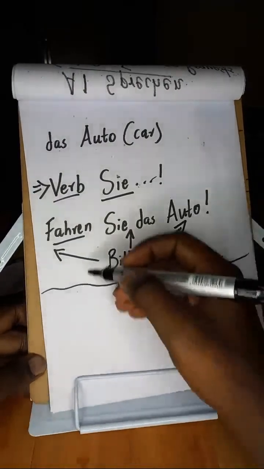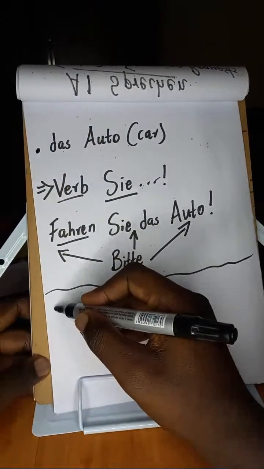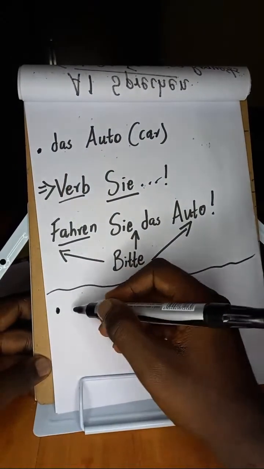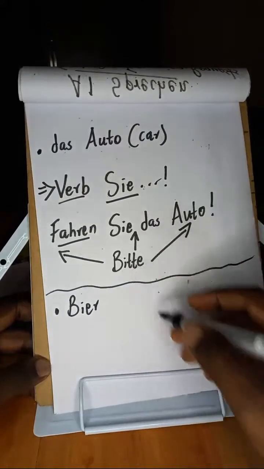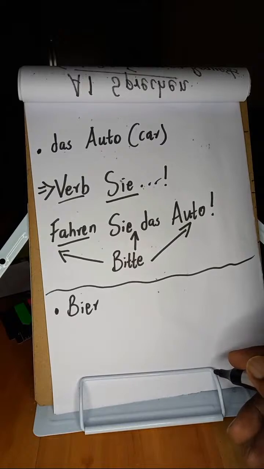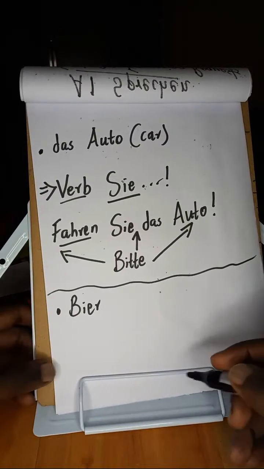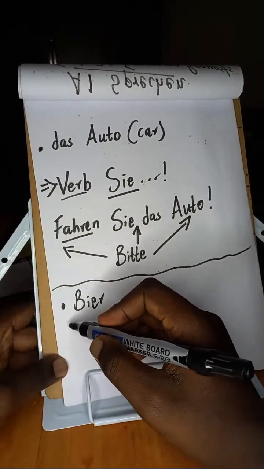You've been given the card. This was the first one. Let's assume in the second one, you've been given the word beer. So I want to request somebody something using the word beer. So you could go ahead and request somebody, please drink beer.